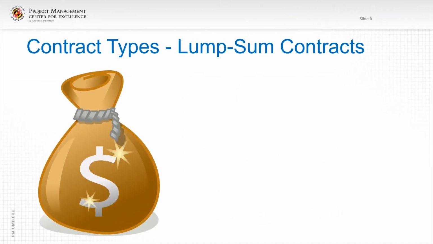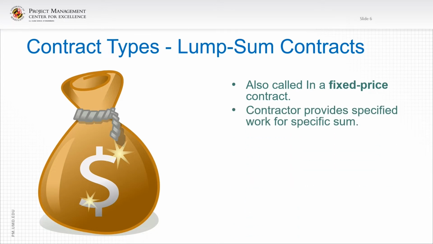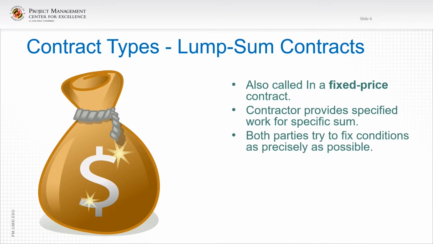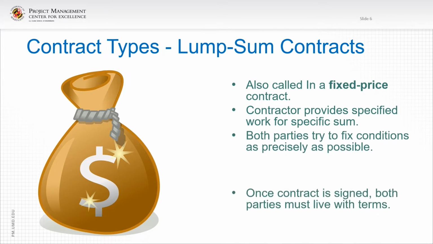Now let's talk about contract types. Lump sum contracts, probably the most prevalent type of contract in the industry today. Also called a fixed price contract. The contractor provides specified work for a specific sum of money. Both parties try to fix conditions as precisely as possible.